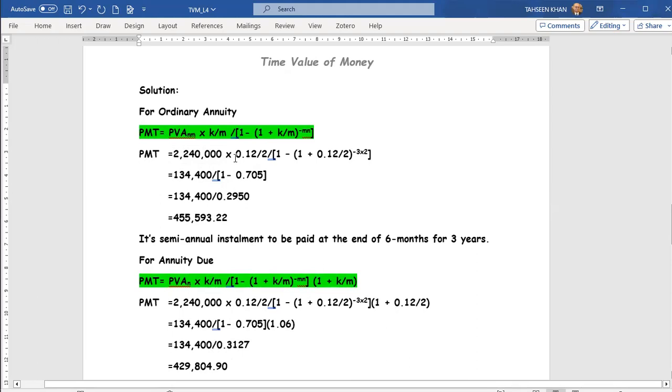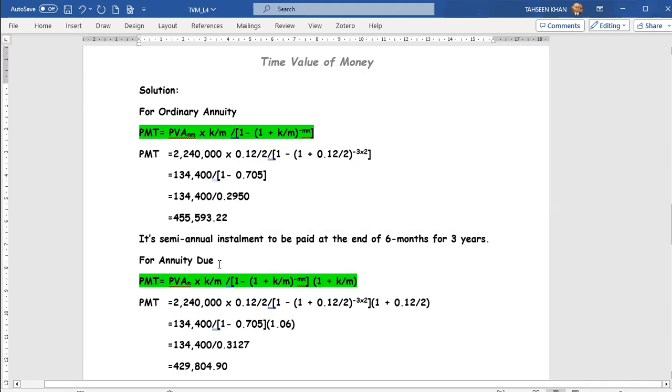K is 0.12 divided by 2. Thereafter, these values will be divided by 1 minus 1 plus K over M, that is 0.12 divided by 2, and power is minus 3 into 6. After calculating we have the value equal to 4,55,593.22. It's the semi-annual installment to be paid at the end of 6 months for 3 years.